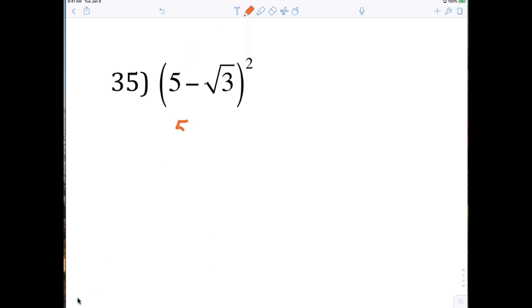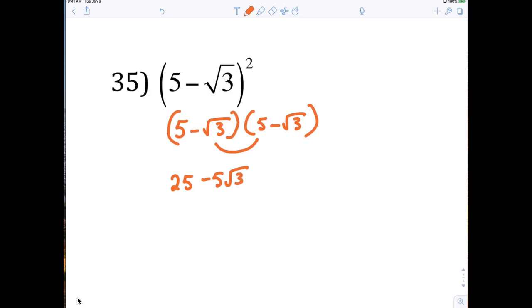All right, here we go. 35. Remember, write it as 5 minus radical 3 times 5 minus radical 3. So 25 minus 5 radical 3 minus 5 radical 3 and then plus 3. Perfect.